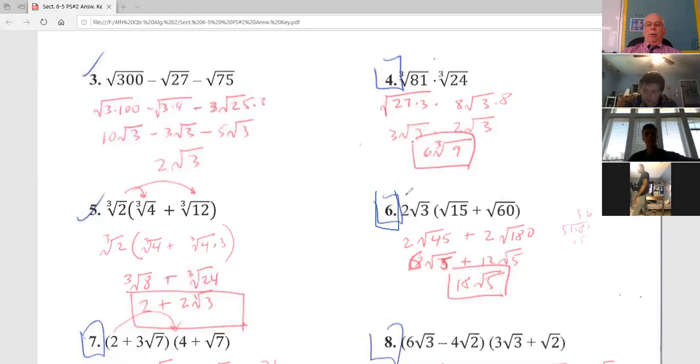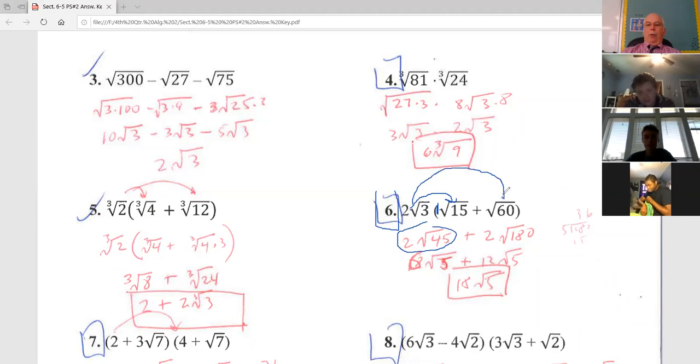Here you're distributing this 2 radical 3 with everything in parentheses. If we multiply this times this, since there's nothing written, there's a 1 in front of that square root of 15, and the 3 under the radical and 15 under the radical multiply. So you get 2 radical 45 for the first term.